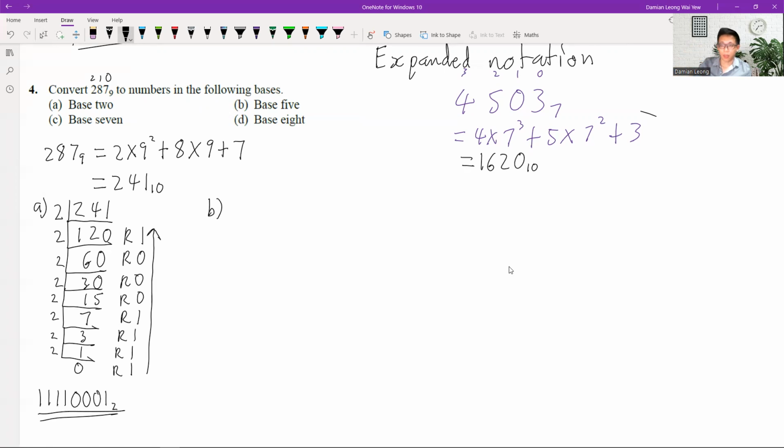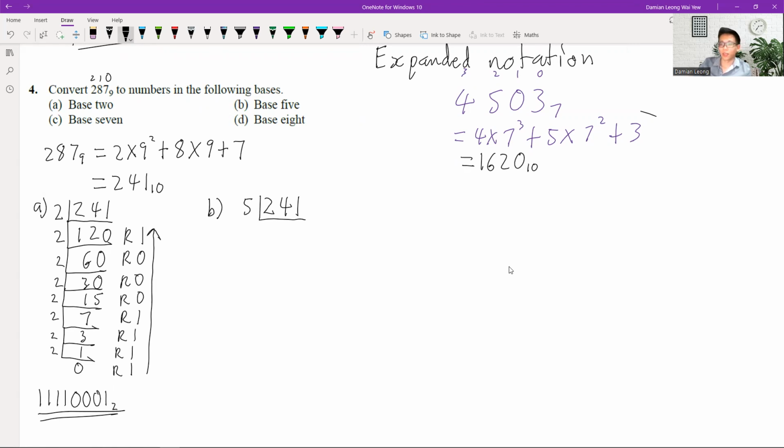So let's say part B, try to convert it to base 5. So 241, start from base 10, not from base 9. Convert to base 5 means I divide by 5.